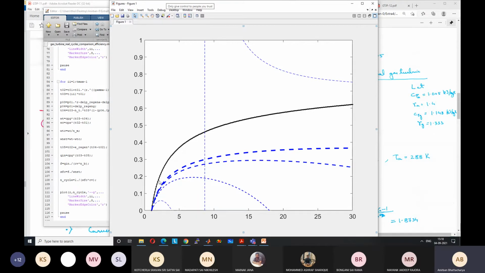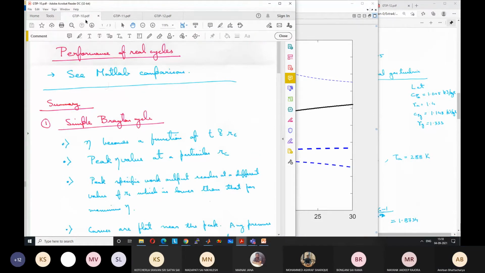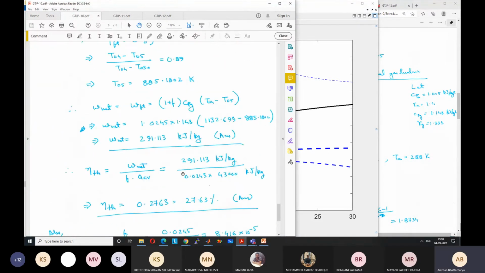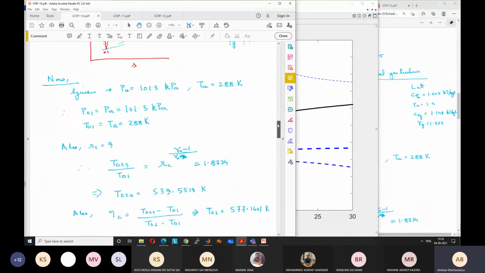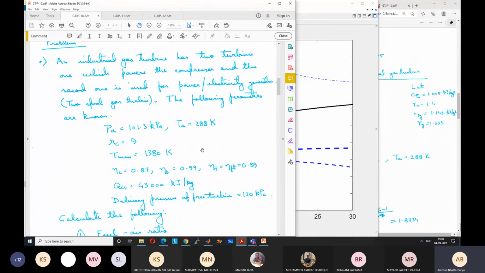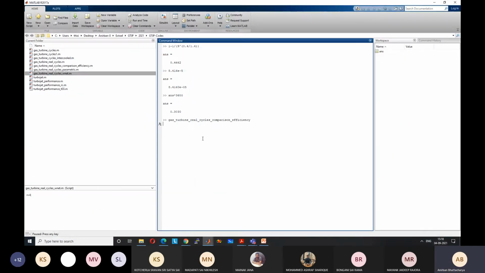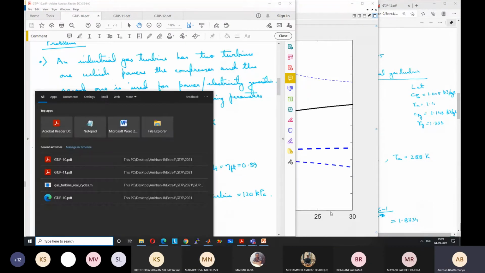So what was our value in the problem? We have just solved the problem today, right? What was the value of the temperature ratio T for our case? 1380 by 288. Let us use the calculator. So 4.8. Okay, good.